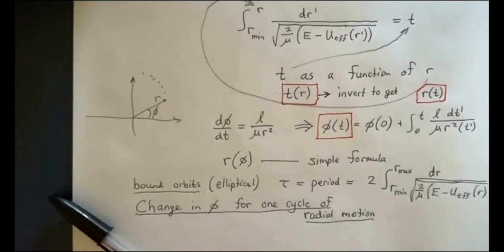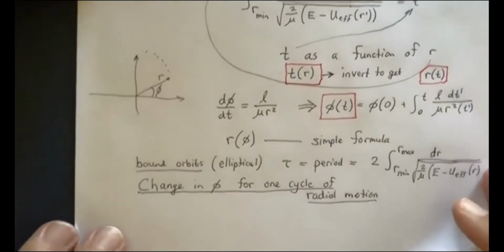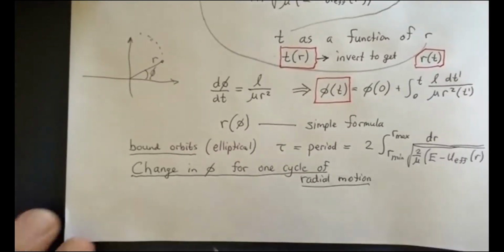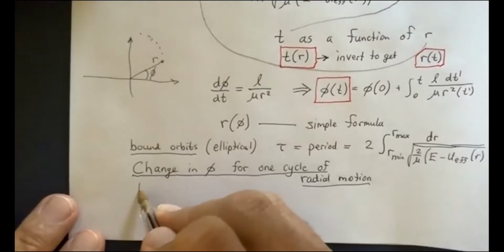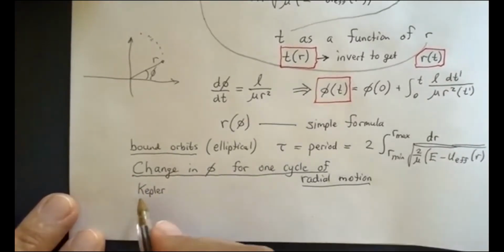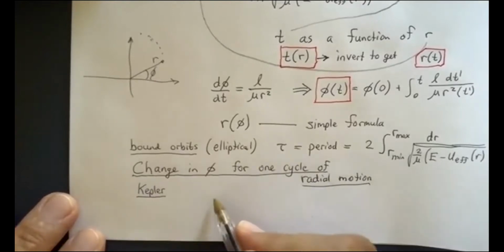And something remarkable happens here, both for the Kepler problem and for the two-dimensional harmonic oscillator, you get closed orbits. That is remarkable. Let's squeeze it in here. For the Kepler problem, you have a nice elliptical orbit.